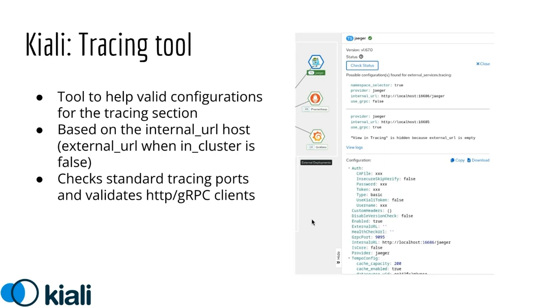But this tool is going to go further and do more exhaustive testing of whether the endpoints of these URLs are valid or not. So it's going to help us understand or create a valid configuration in case there isn't one.